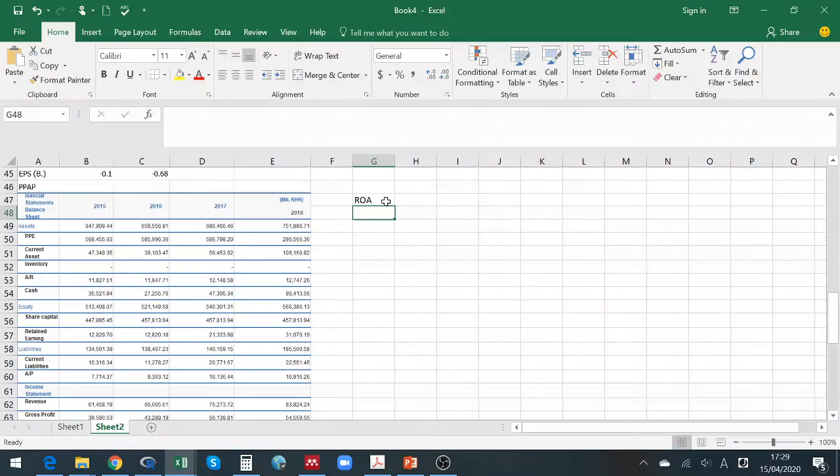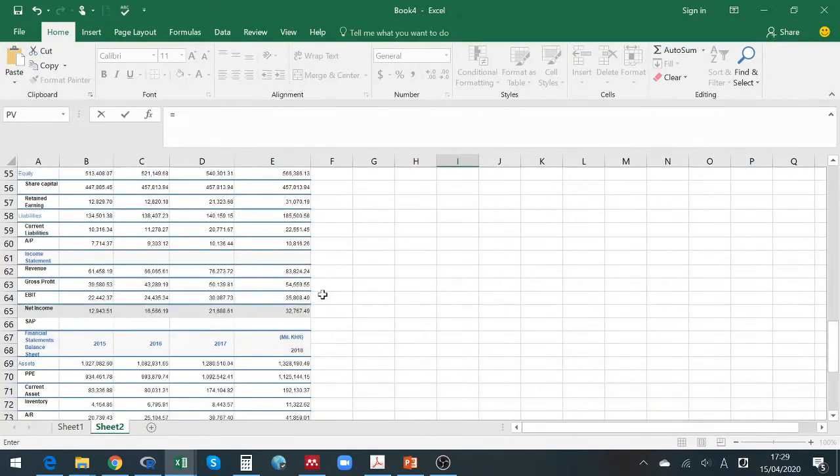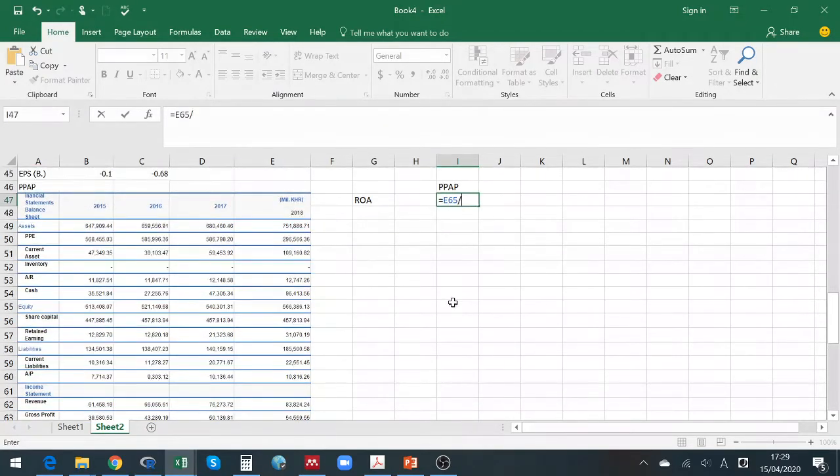Return on assets for Phnom Penh Port is equal to net profit, which is net income here, divided by the average of assets: assets this year and assets last year, the average of the two.